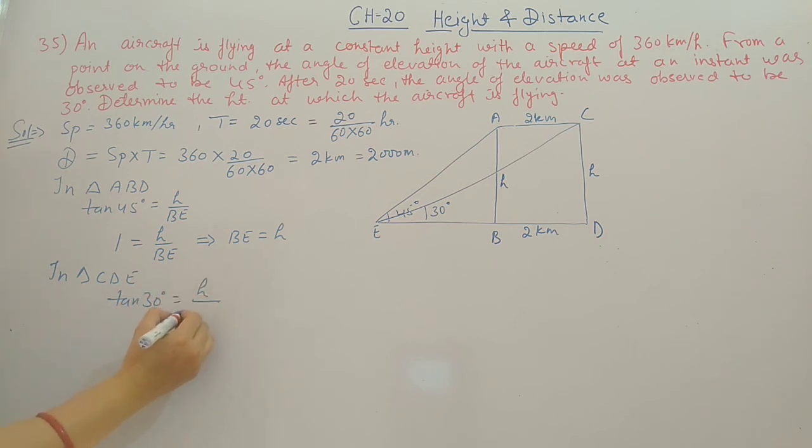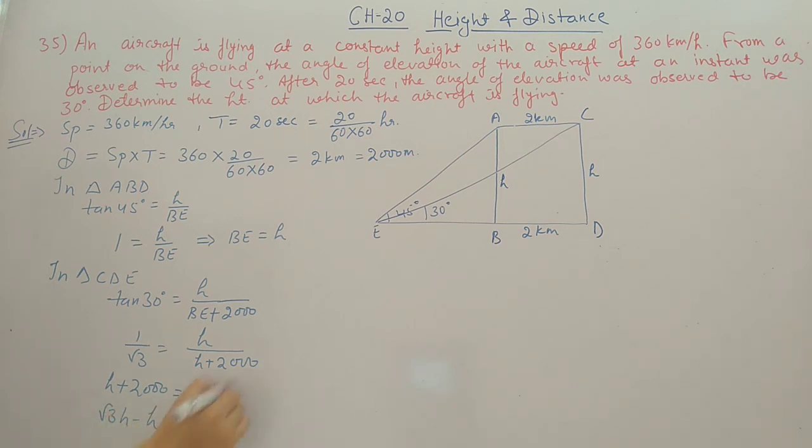Base is here BE plus 2 km. We will write 2000 meter here. So tan 30 is 1 by root 3, equal to h by BE plus 2000, and BE we can also replace with h, so h by h plus 2000. Shift this side, h plus 2000 is equal to root 3h. More we can simplify, we can write it root 3h minus h is equal to 2000.